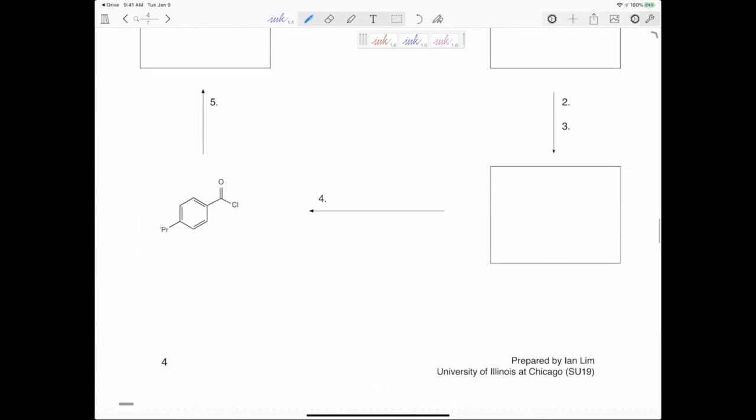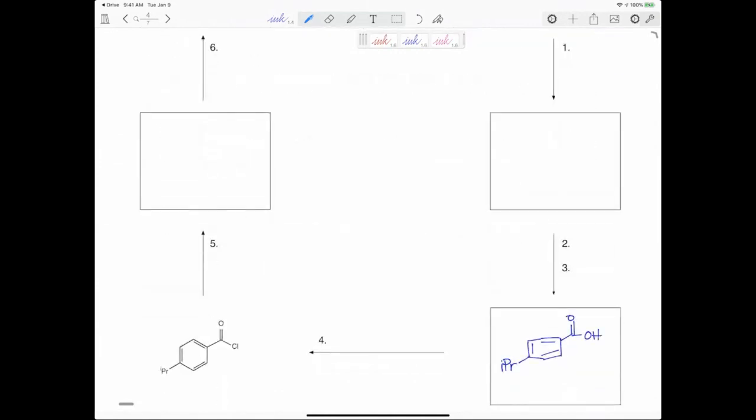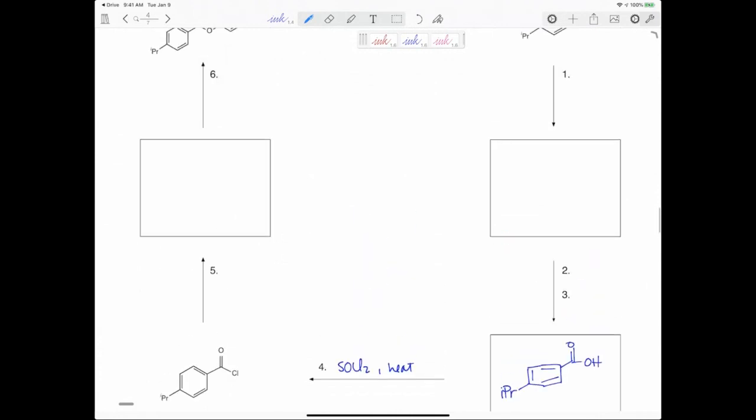We know that acid chlorides come from carboxylic acids. This is my train of thought; we'll see if it works, but I can make a carboxylic acid turn into an acid chloride using thionyl chloride and heat.